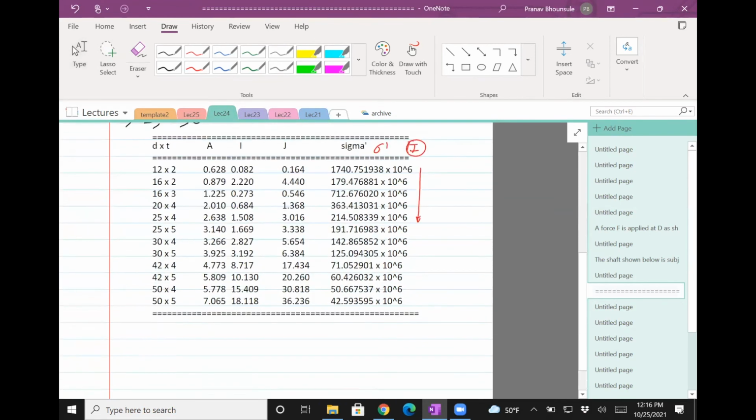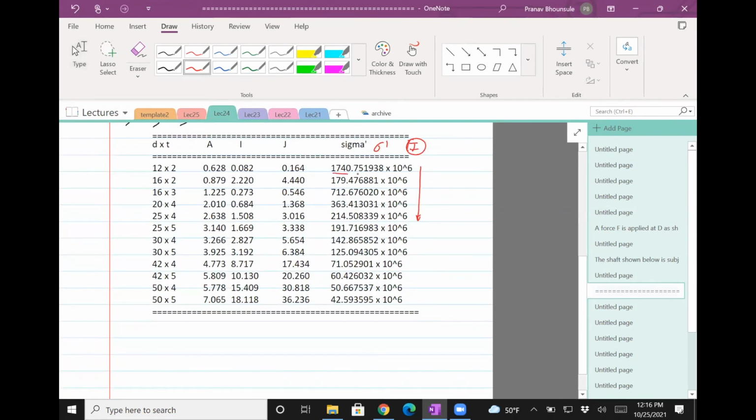So I see that this is 1740 times 10, so this is 1740 MPa, 179, 712. So it's still higher than 69. You reach here, you see it's 71, which is still higher than 69. So it's really this value which is acceptable. This is the highest value of stress that can be accepted without the material failing.